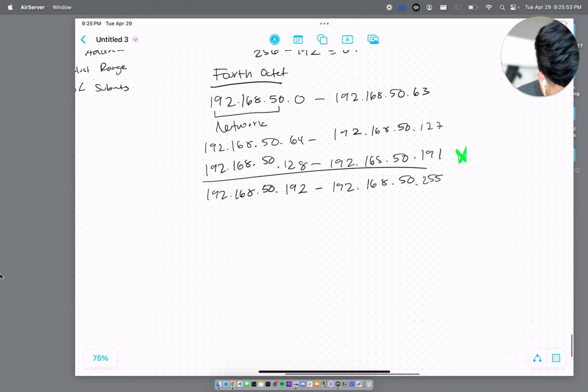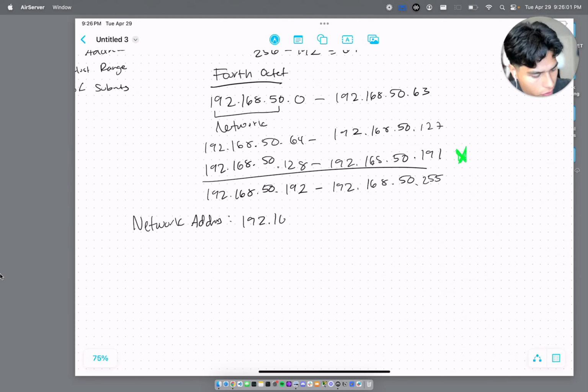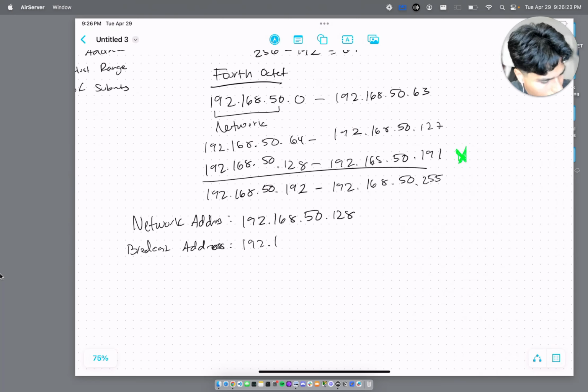Remember, our network address is going to be the first address, right? Broadcast will be the next network minus 1, which is just 192.168.50.191.